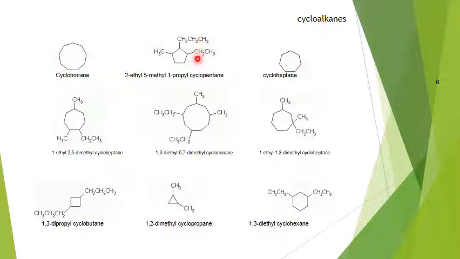So we're going to go clockwise. So this is 1, 2, 3, 4, 5. So it's going to be 1 propyl, 2 ethyl, 5 methyl. Now the ordering, E before M before P. So 2-ethyl, 5-methyl, 1-propyl.